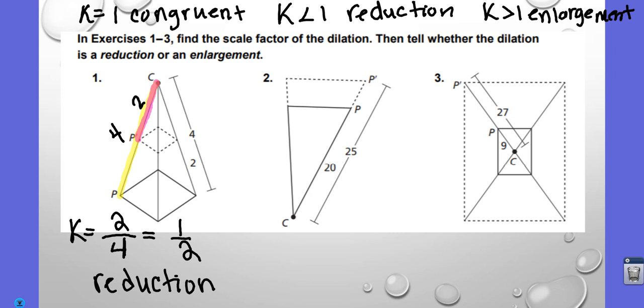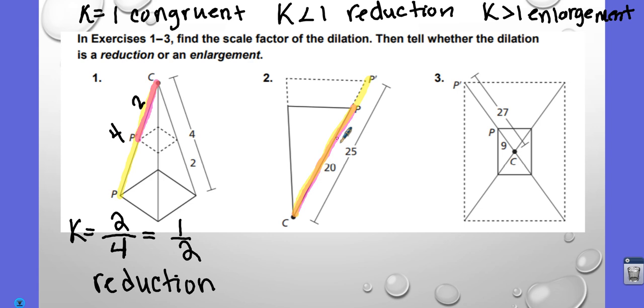All right, here I'm going to go to the next one. Our P is right here from C to P. That's my pre-image. And then I go from there to the yellow one, from C to P. That is my P prime, so that's what gets blown up.